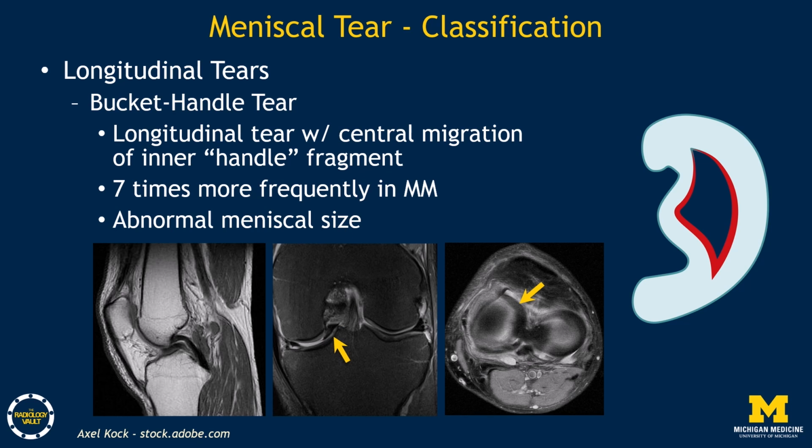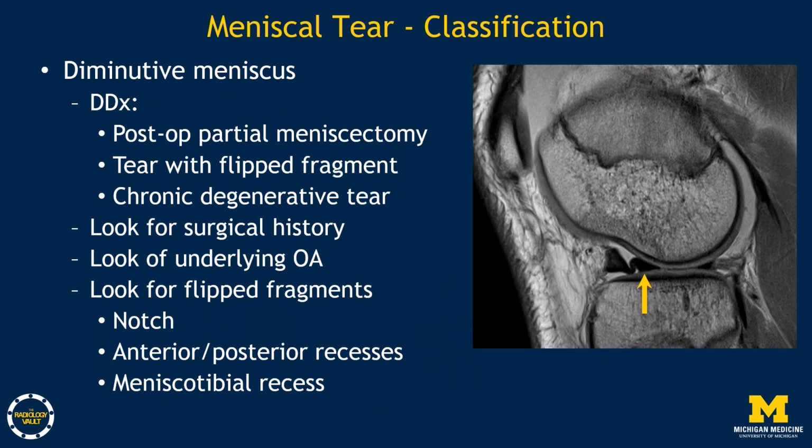The differential diagnosis of diminutive meniscus includes post-op changes such as prior partial meniscectomy, tear with flipped fragment, as seen in this case, and chronic degenerative type tearing. So it is helpful to look for prior surgical history, evaluate underlying arthritis, and search for flipped or displaced fragment in these areas.